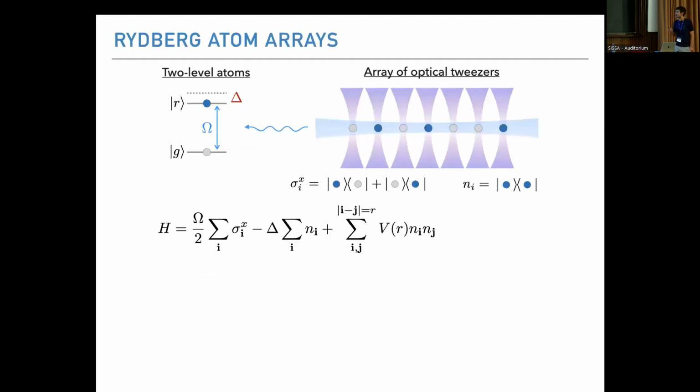So let me directly start from the Hamiltonian. A Rydberg atom array is just an array of atoms where you have optical control on 2 levels. One, you can think of it as the ground state of the atom, and the other one is a very highly excited Rydberg state. And you essentially can control the amplitude of a coupling between these 2 levels by changing the laser power.